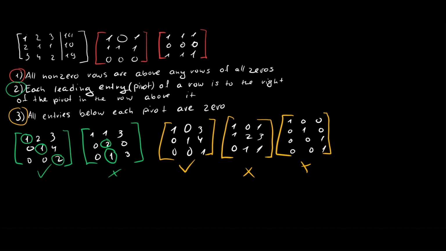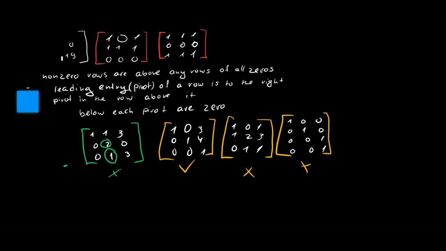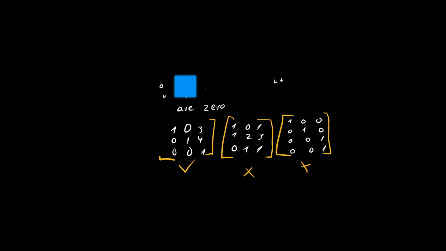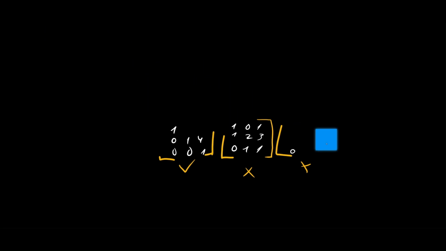Now let's talk about the reduced echelon form. Just gonna quickly erase everything. To get the matrix into the reduced echelon form is very easy. We need to satisfy three conditions.